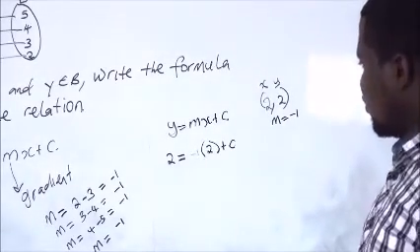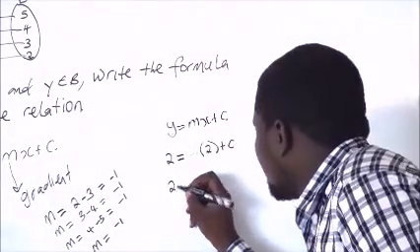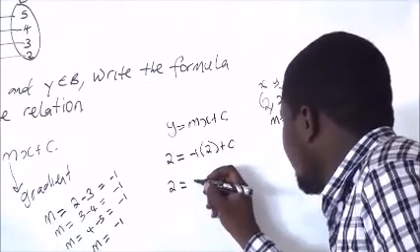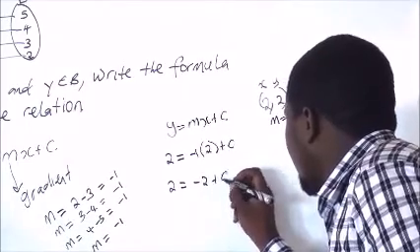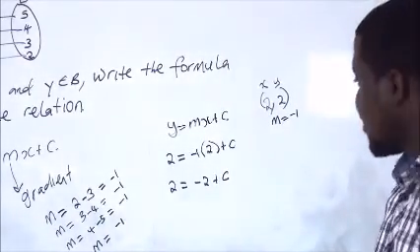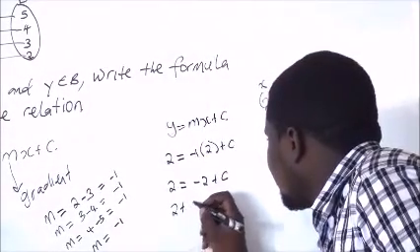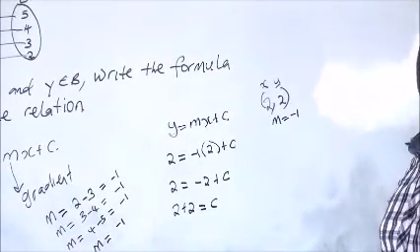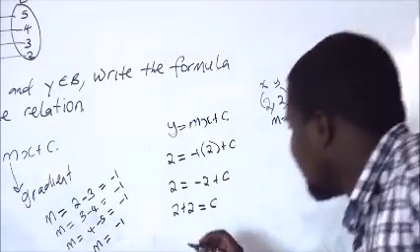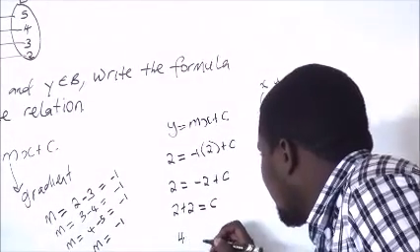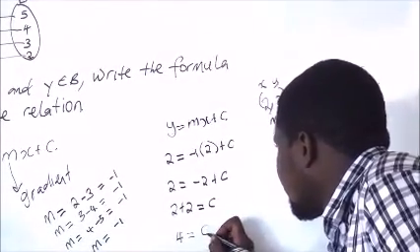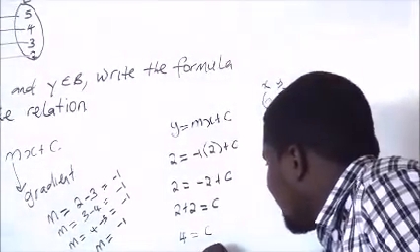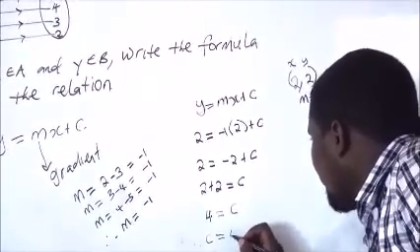So 2 is equal to -1 multiplied by 2, which is -2, plus C. I collect like terms: 2 plus 2 is equal to C. When I add, the result is 4 is equal to C. Therefore, the value of C will be equal to 4.